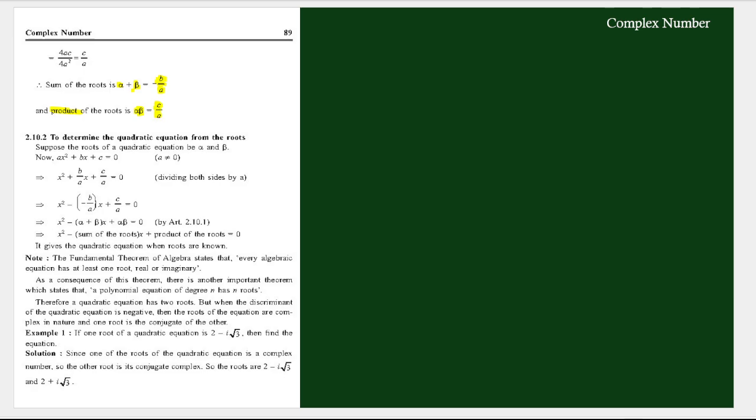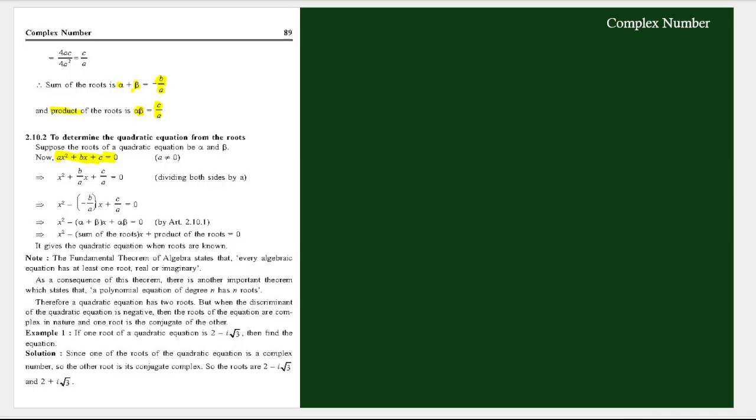Now, if we know the sum of the roots and the product of the roots, substituting them, we will be able to find a, b, and c. Our quadratic equation is ax square plus bx plus c equal to 0.